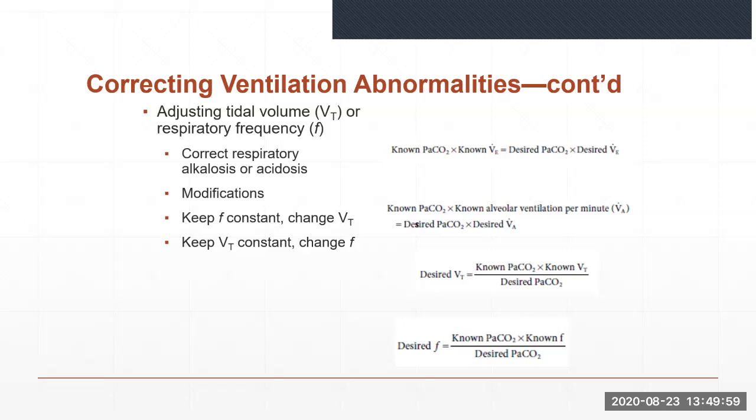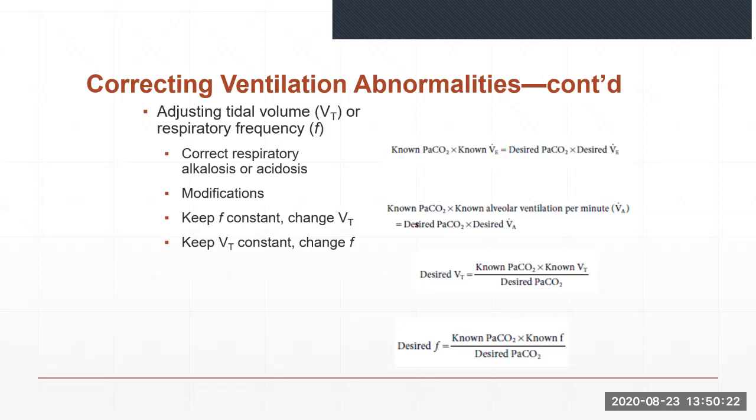In patients requiring mechanical ventilation, respiratory acidosis generally can be corrected by adjusting the set tidal volume or frequency to achieve the desired minute ventilation, regardless of whether the patient is receiving volume-controlled or pressure-controlled ventilation. Increasing minute ventilation will decrease the PaCO2.